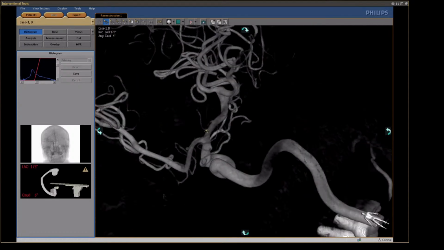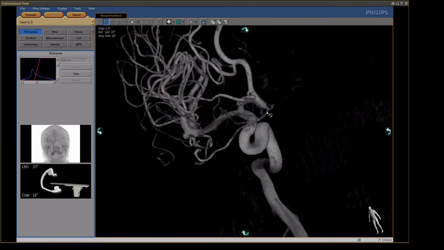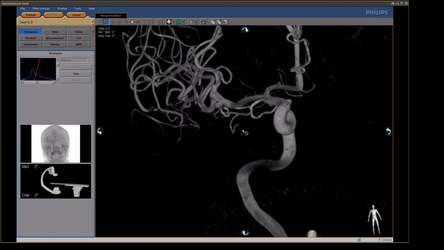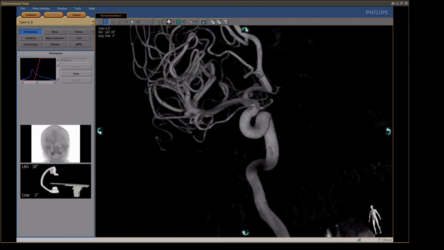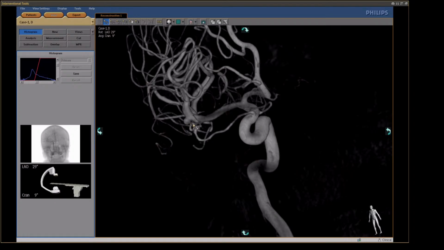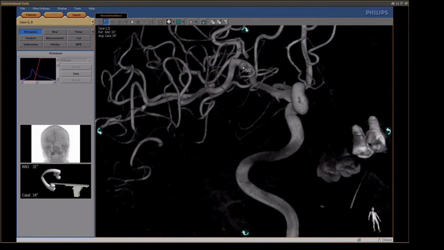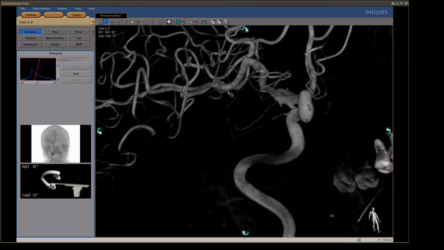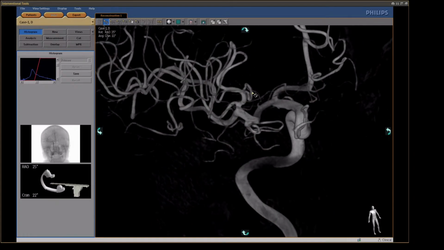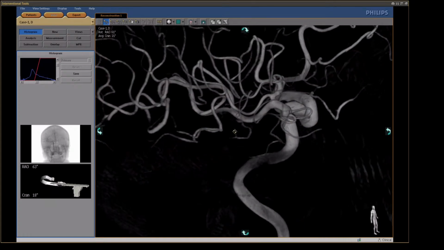This aneurysm has a branch, a temporal branch, going from the aneurysm. I think it goes like this, and then it makes a turn, and here has a bifurcation, 1, 2, and then it goes to the early temporal territory.